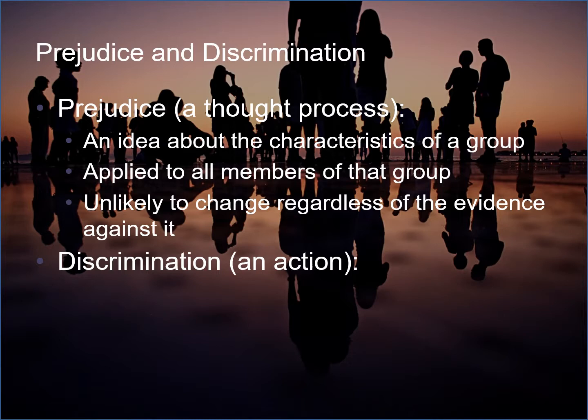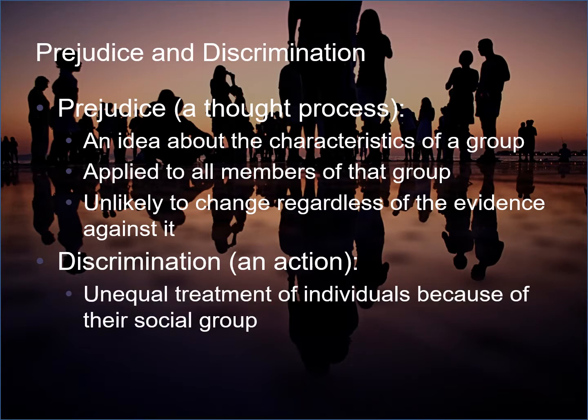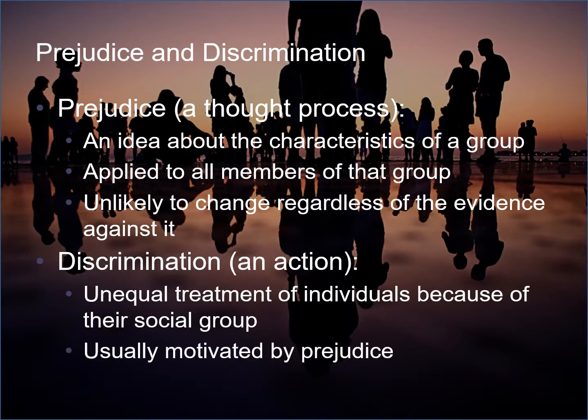Discrimination, on the other hand, is an action. It's the unequal treatment of individuals because of their social group, and it's usually motivated by prejudice. It's important to distinguish between prejudice and discrimination. Prejudice is an internal evaluation, and discrimination is an action.